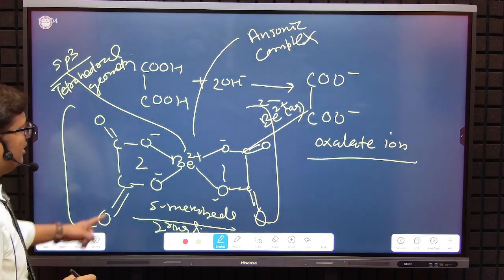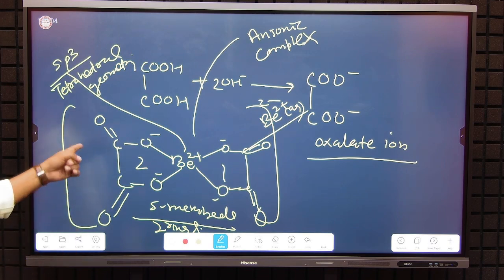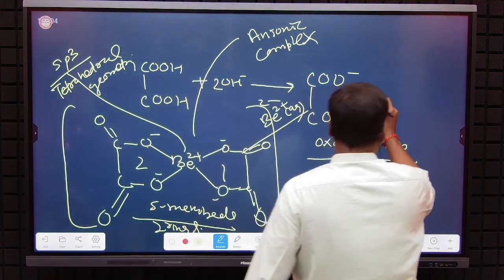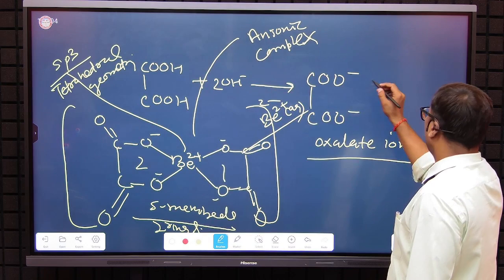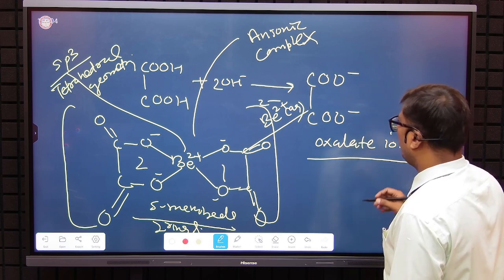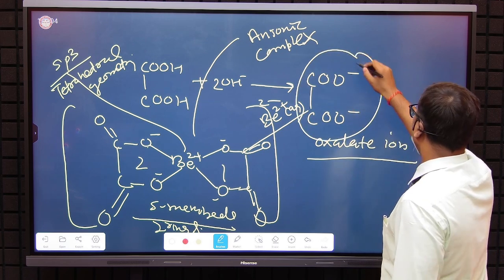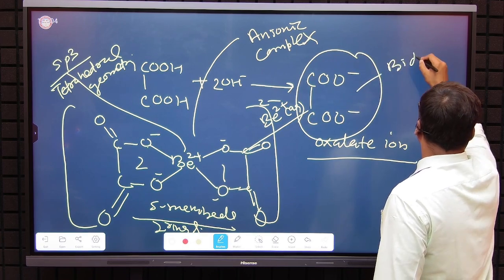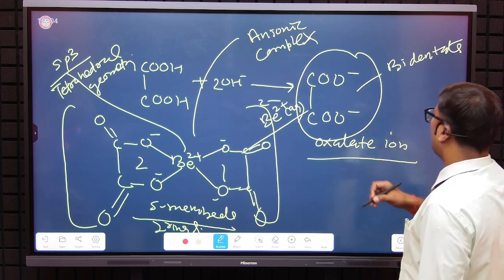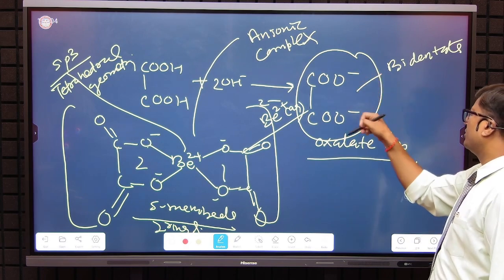So tetrahedral geometry is formed in this particular beryllium 2+ oxalate complex, and this is actually bivalent, and monodentate, bidentate. This oxalate ion is bidentate. So one single metal cation is coordinated with two donor sites in this single ligand.